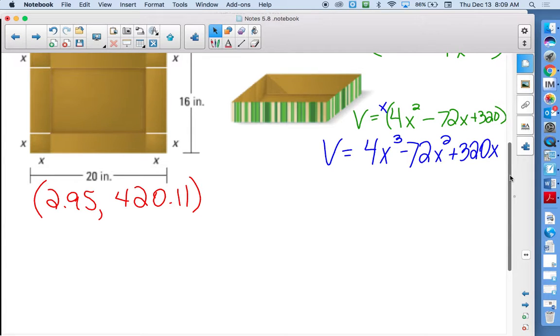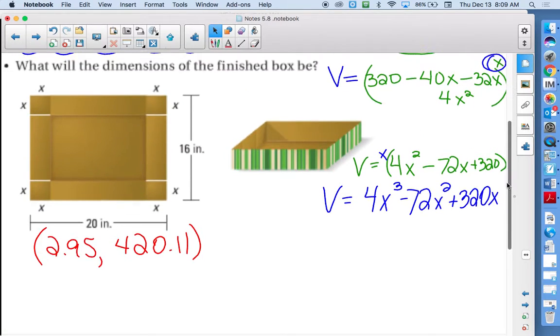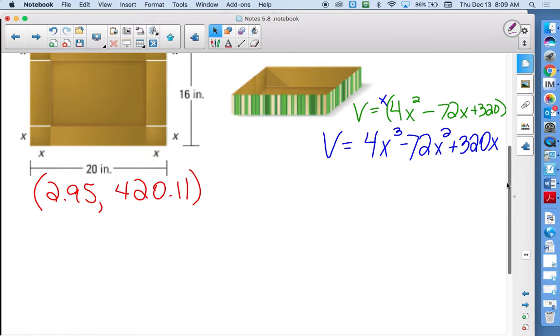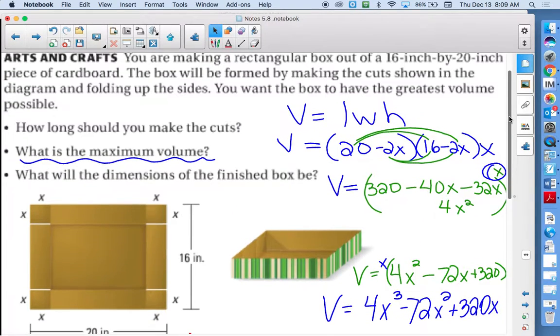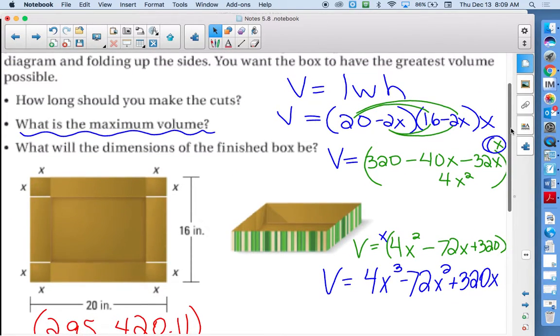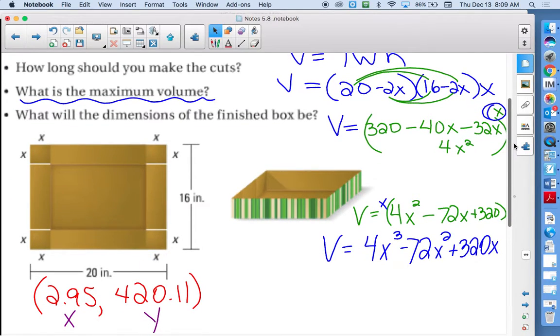So we have to decide what this means. So here's x, this is y. What does the x mean? If I look at the 3 questions: how long should you make the cuts? What is the max value or volume?